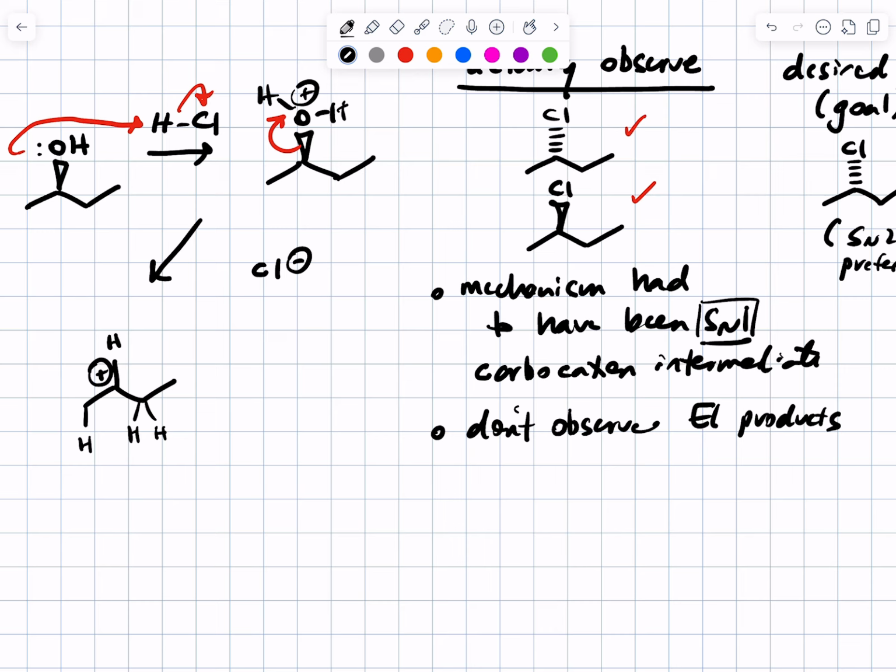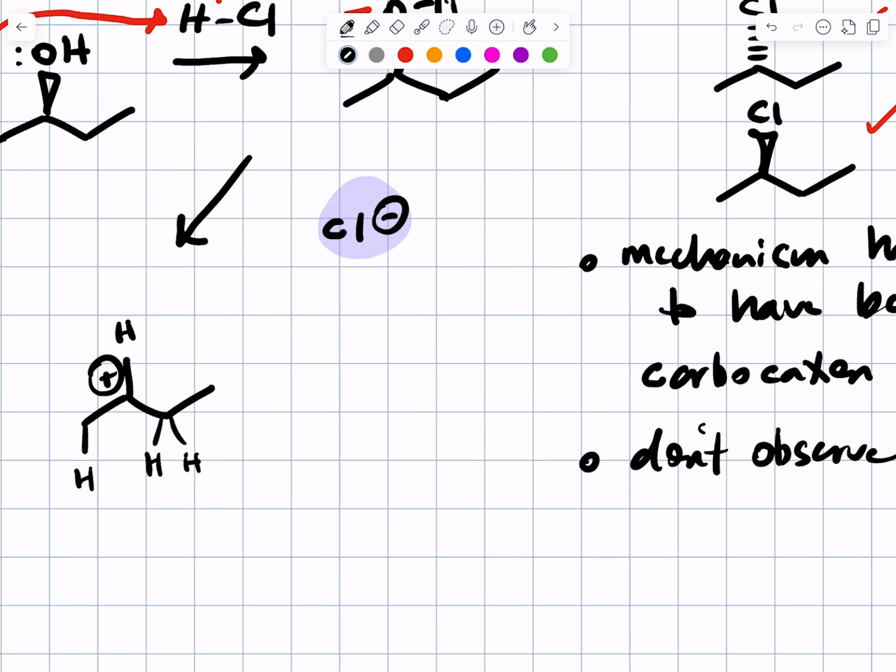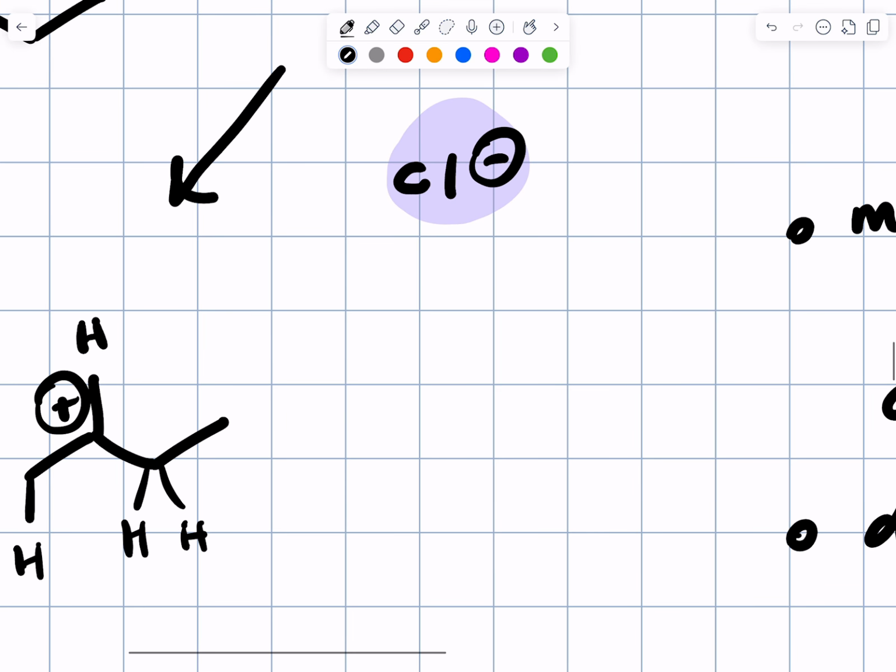Usually when that happens, there's a deeper underlying principle that we don't totally understand or haven't learned yet. Sometimes we'll go on and learn that principle. Other times it won't be worth our time, so we'll just deal with the complexity as it is. And this is kind of one of those times. Why don't we observe E1 products? Well, I suppose if you want a hand-wavy explanation, it is that Cl- is a complicated story as a nucleophile.